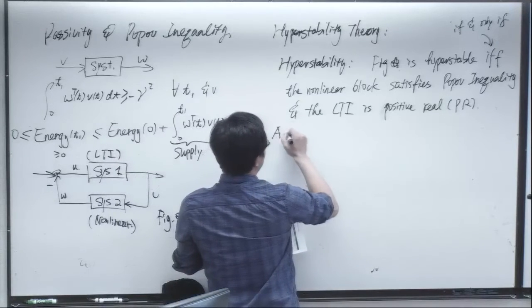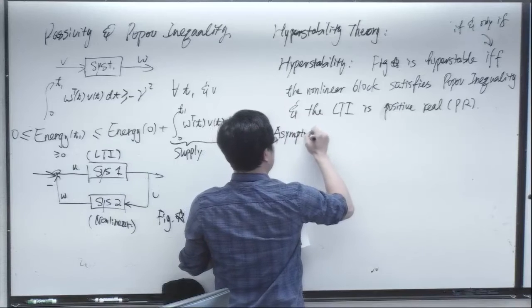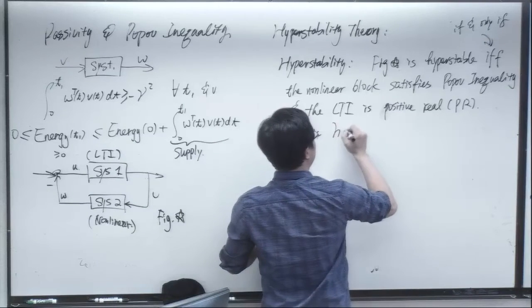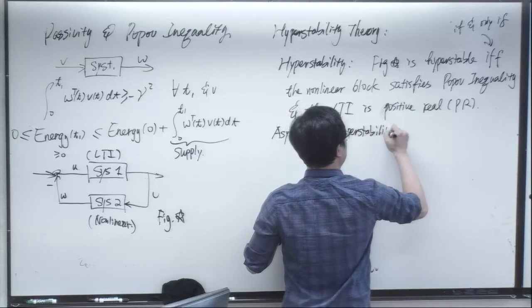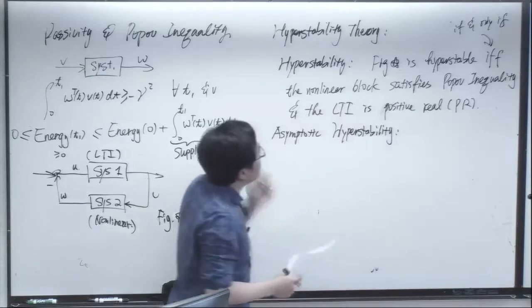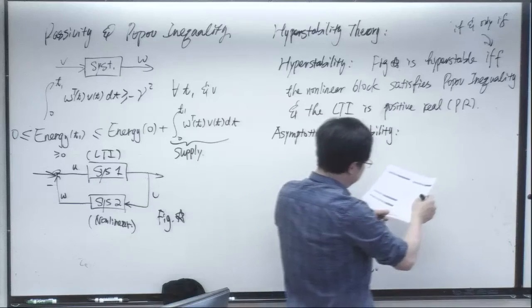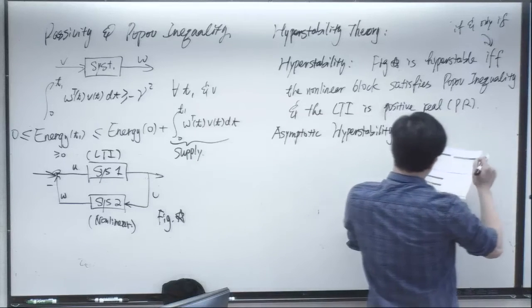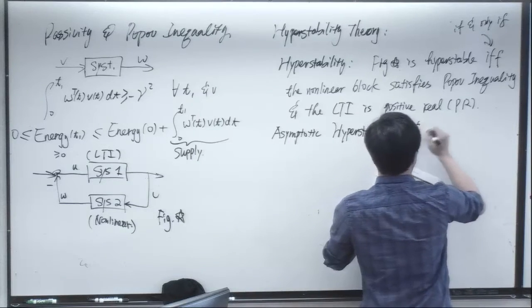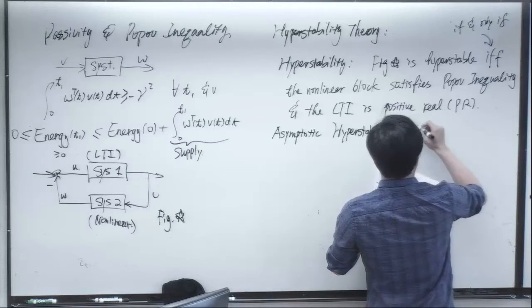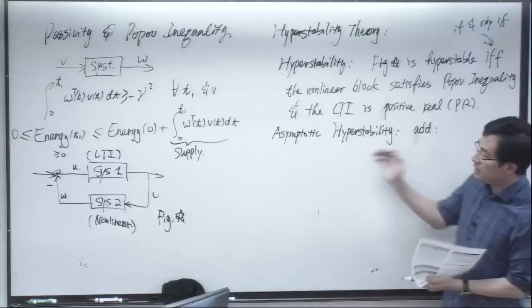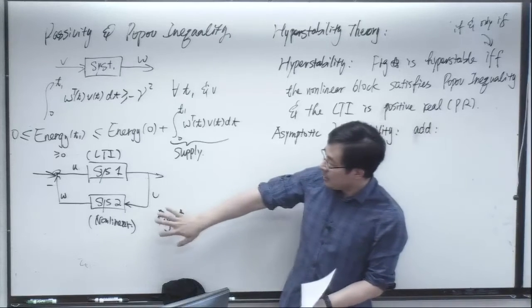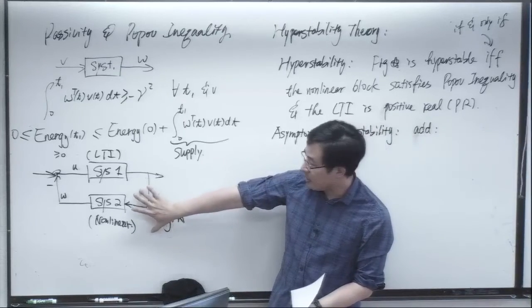And then asymptotic hyperstability is to add, so asymptotic hyperstability is going to require the same for the nonlinear block.